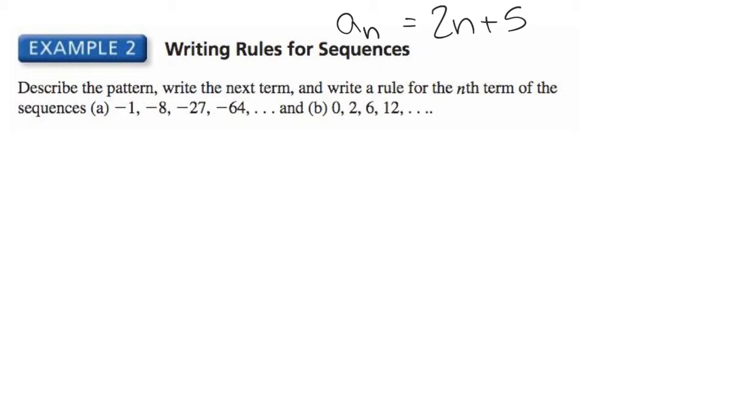So what we're going to look at is with A, we need to find this pattern between here and here. So -1 to -8, that means you are either multiplying by 8 or subtracting by 7. Then you go to 8 to 27, and that's 3. 27 to 64, so this looks kind of funky.